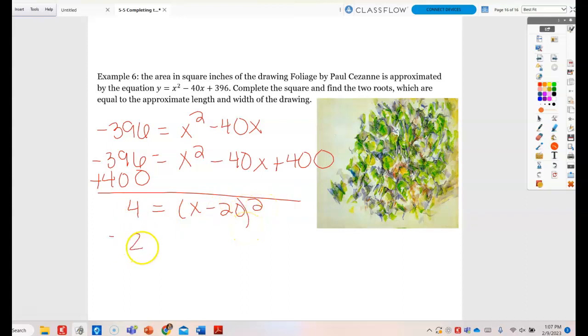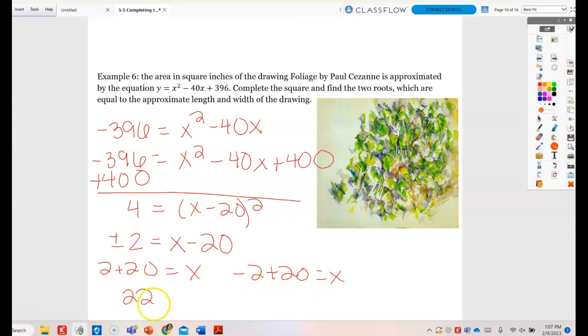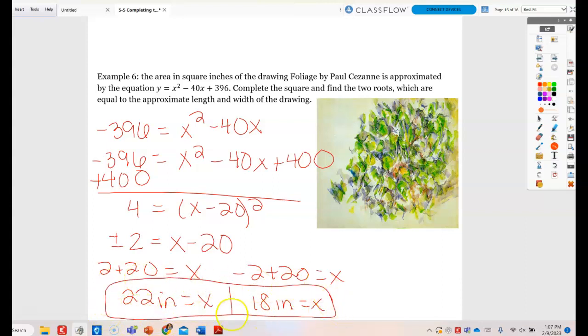Square root both sides. Solve for x. And we get 22 and 18.